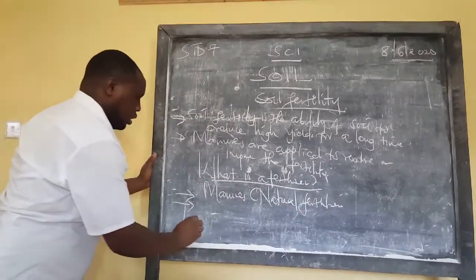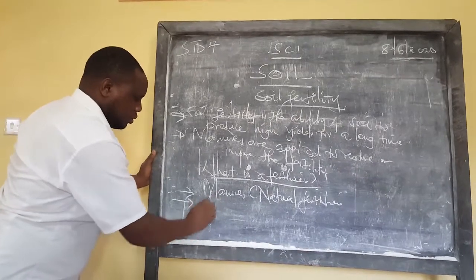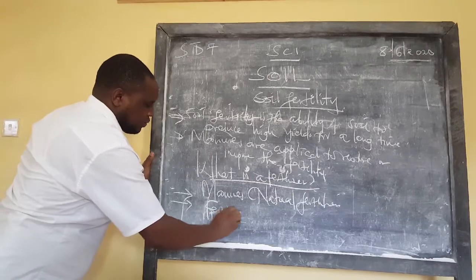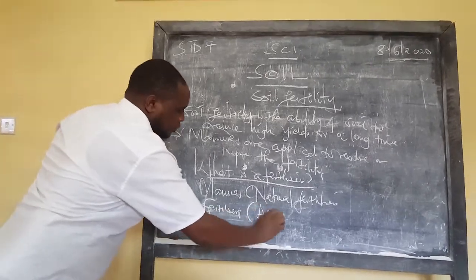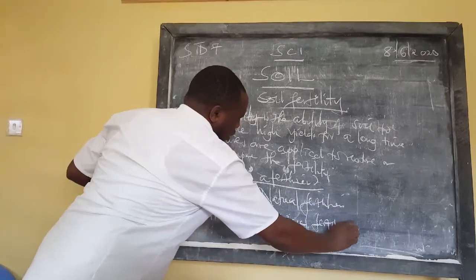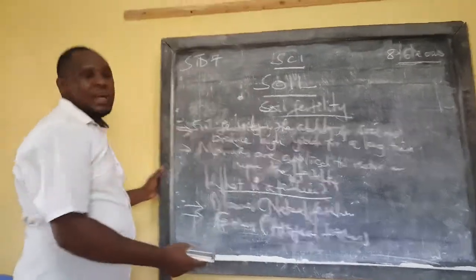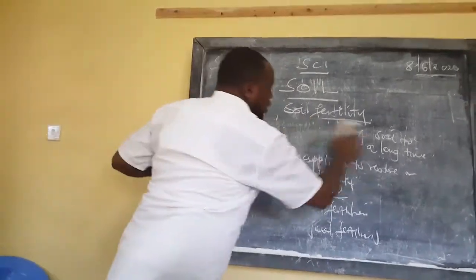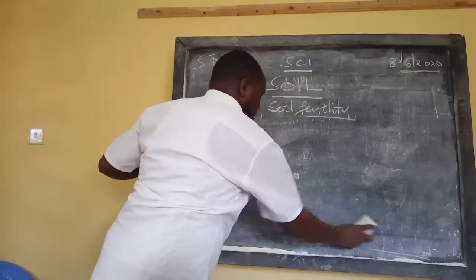Then we have what we call artificial fertilizers. So simply when you talk about manures, we are talking about natural fertilizers.